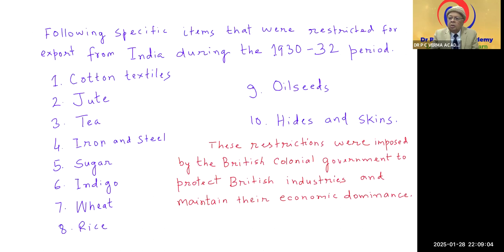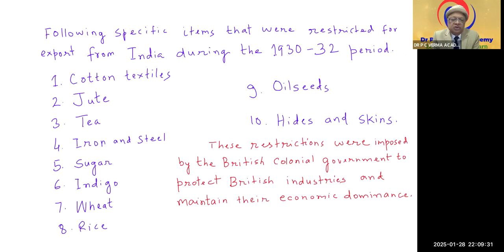Thus, we come to the conclusion of the present study that the following specific items were restricted for export from India during the 1930-32 period. Number one, cotton textiles. Number two, jute. Number three, tea.